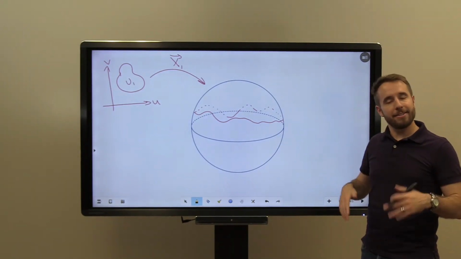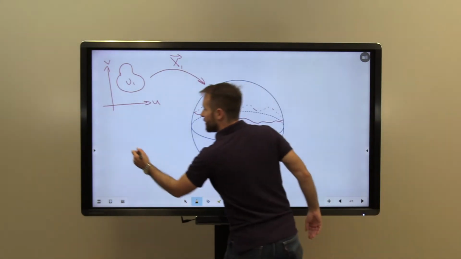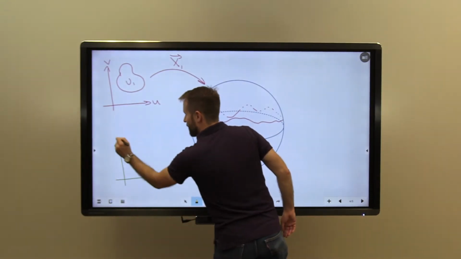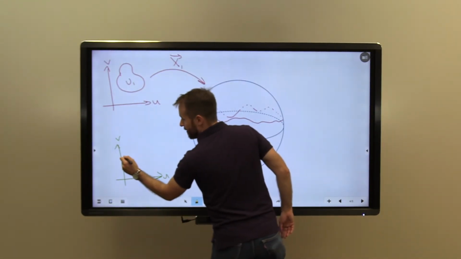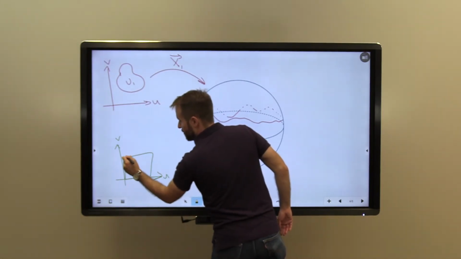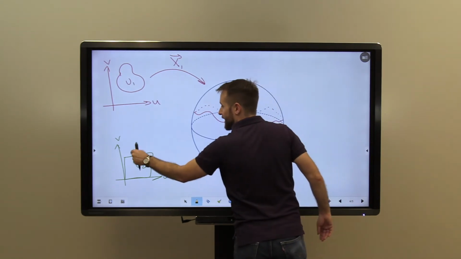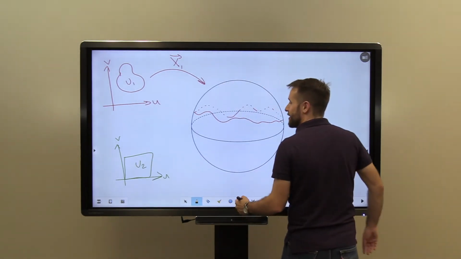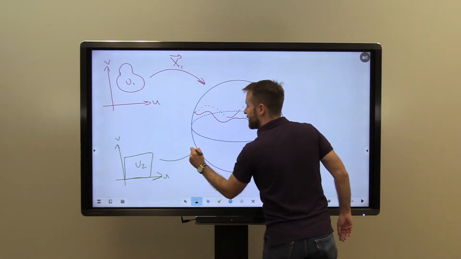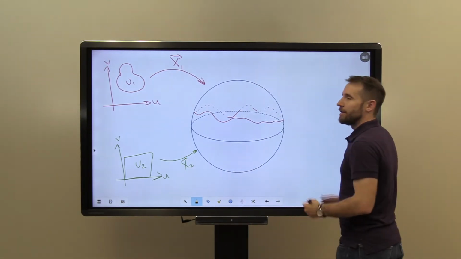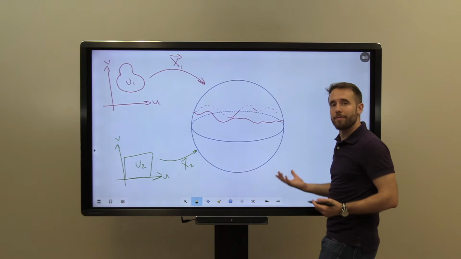Well, we can add an additional parameterization, right? So maybe in the UV plane, I have a different set, maybe U2. And again, let's pretend this is open, so let's not include the boundary. Let's just look at the interior. But maybe I have a U2 there, and then I have this parameterization x2 that covers another part of the sphere.